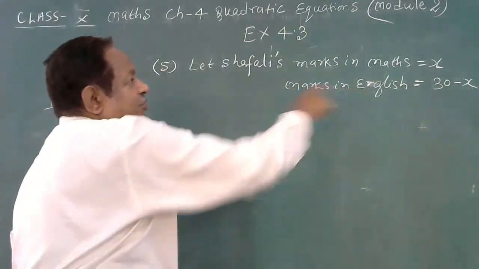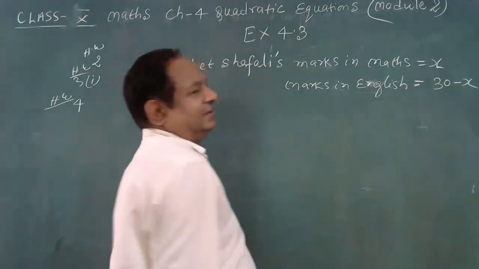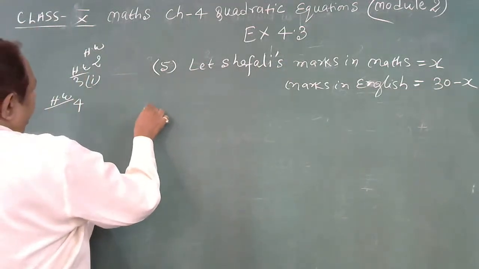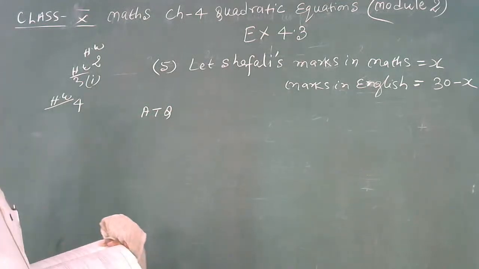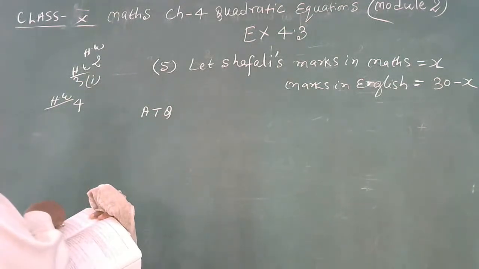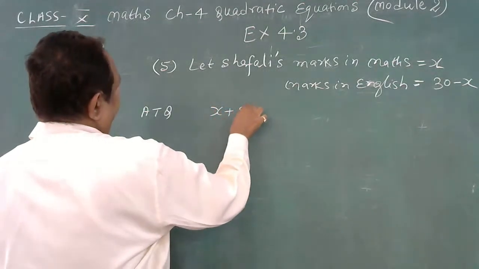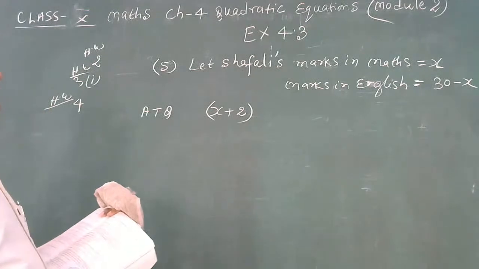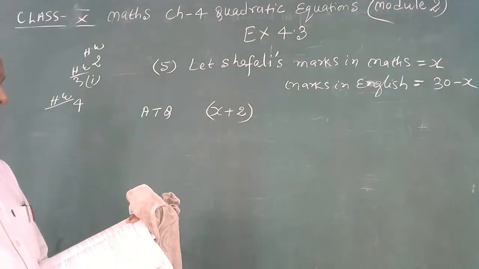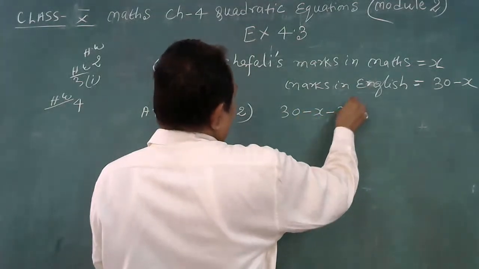If we add these two marks, x plus x minus cancel, that is 30. According to the question, ATQ, had she got 2 marks more in mathematics, means x plus 2, and 3 marks less in English, so 30 minus x minus 3.